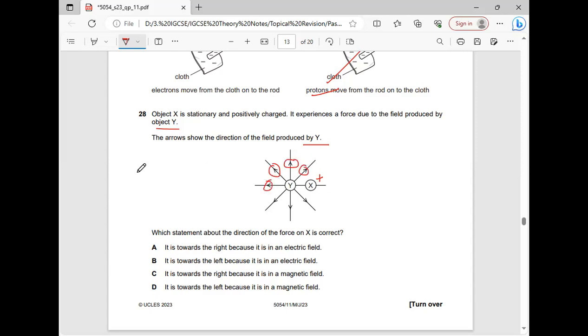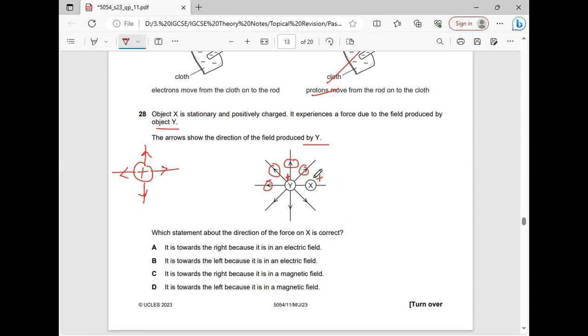And we know that from a positive charge, electric field lines always move outward. So it means Y is also a positively charged body. Now what is being asked? Which statement about the direction of the force on X is correct?